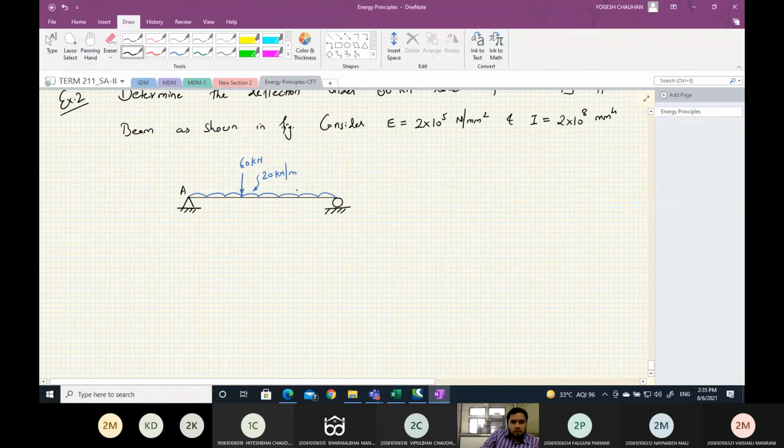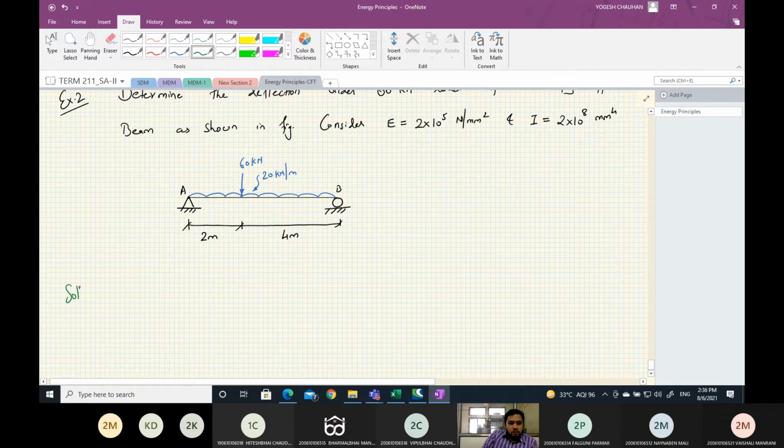This is A, this is B, this is 2 meter, this is 4 meter. So we have to solve this.